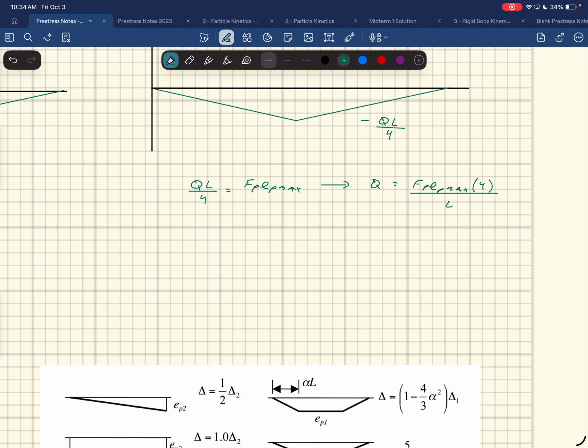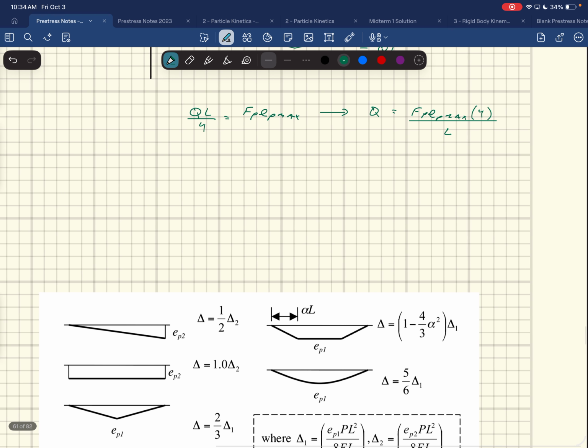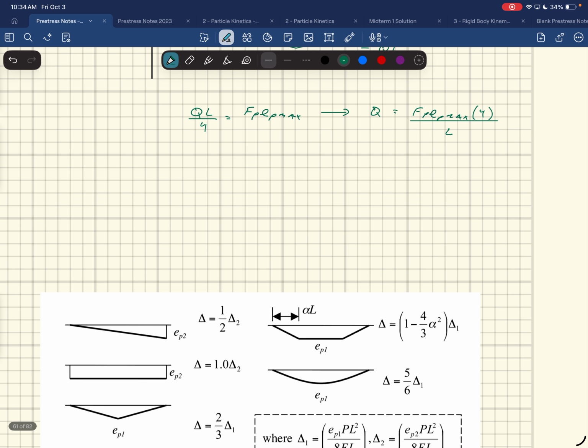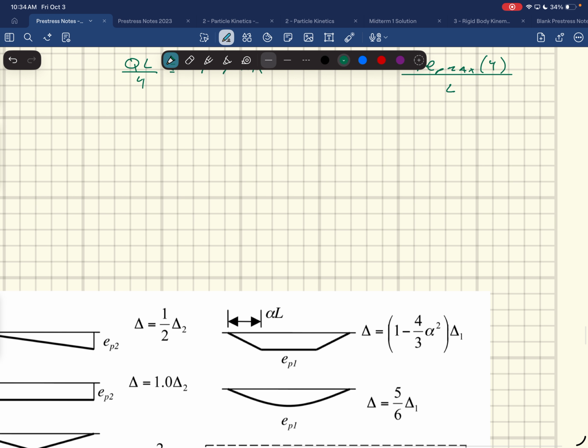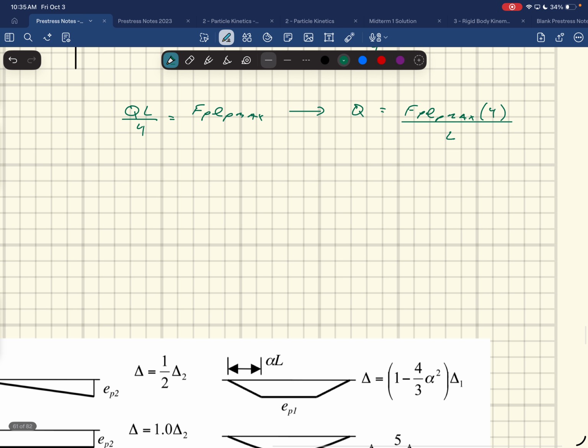What is the displacement, Gavin? What's the displacement at the center of a simply supported beam with a point load? PL cubed over 48EI. Yeah, I knew it was like 48 EI. Okay, I'll let you in the hood for this one.